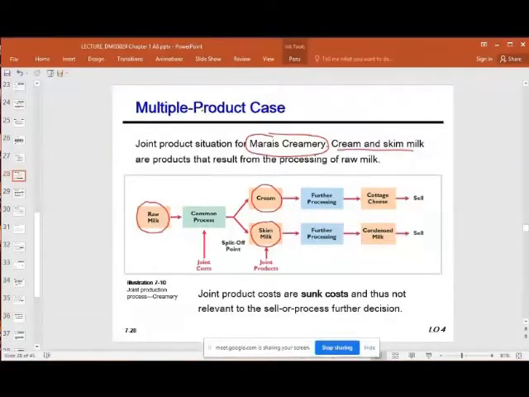What we went through yesterday is single product, to process further the table or not. This one is multiple product: from one item, you process and you split it into two items. This point, class, is called the split off point, where you are able to identify two different products.